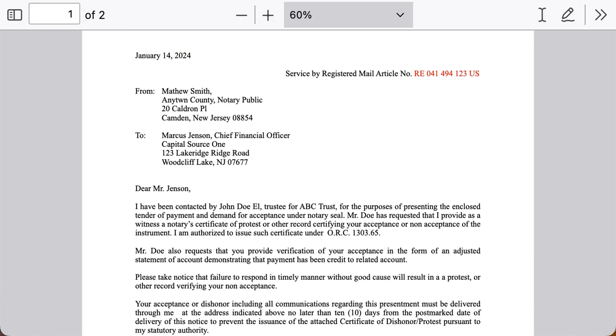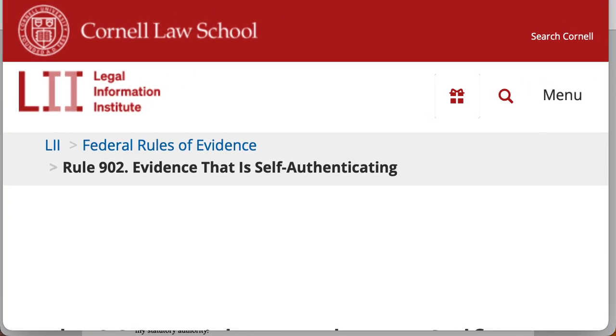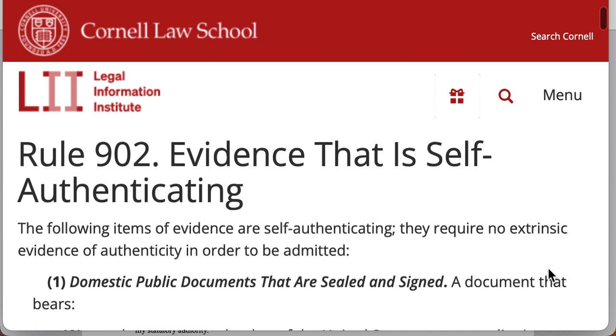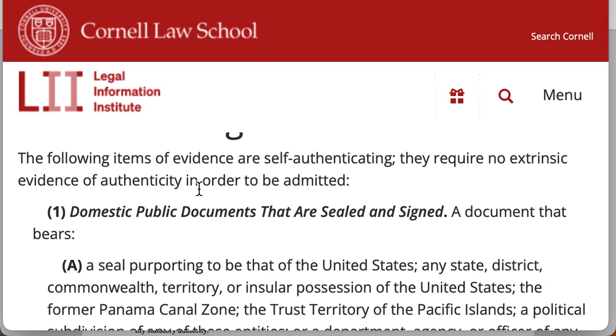Foremost, I want to draw your attention to the Federal Rules of Evidence Rule 902, evidence that is self-authenticating. Specifically, I want to go down here so that you can see the following items of evidence are self-authenticating.